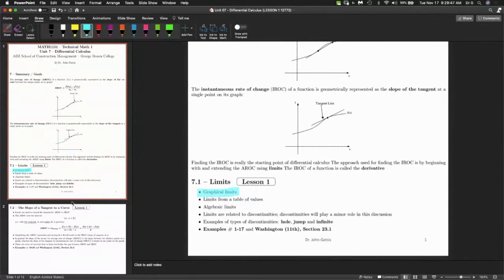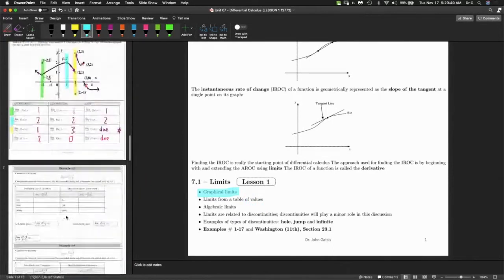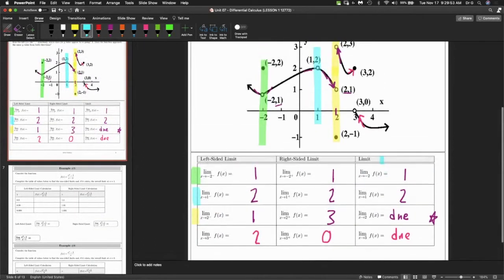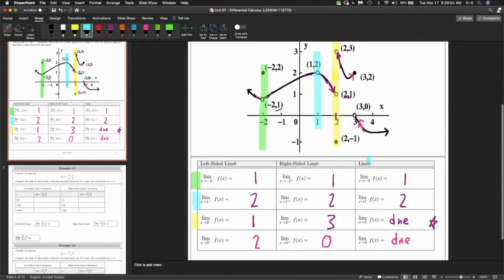Which question, Max? The previous one. This one here? Yeah. For the left side, limit x to the 1. Yeah, from the left side? Yeah, because isn't one of the x's negative?